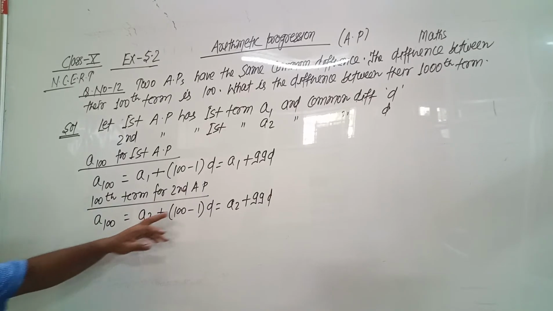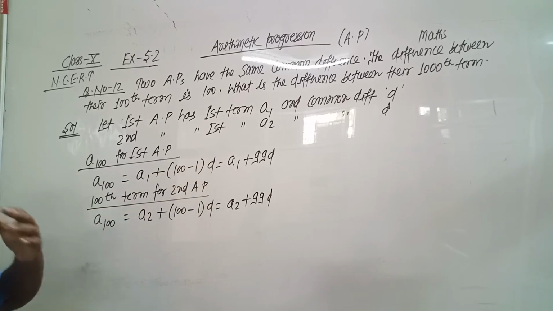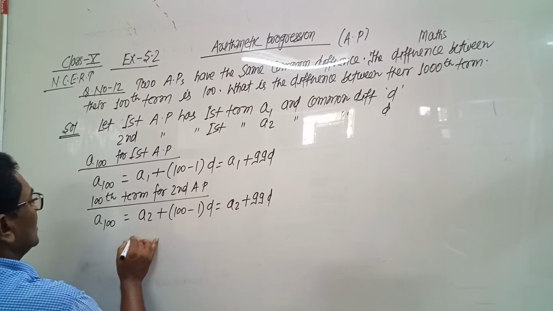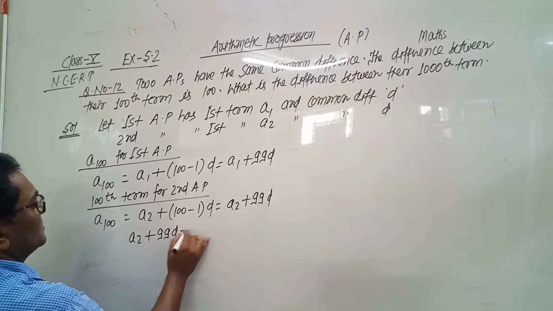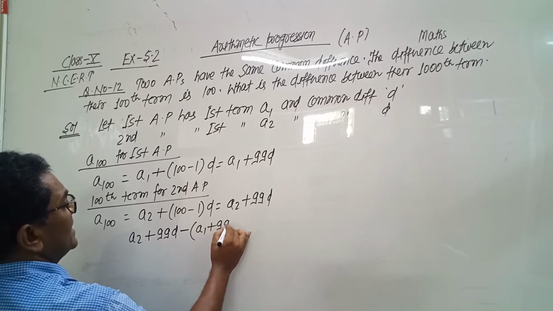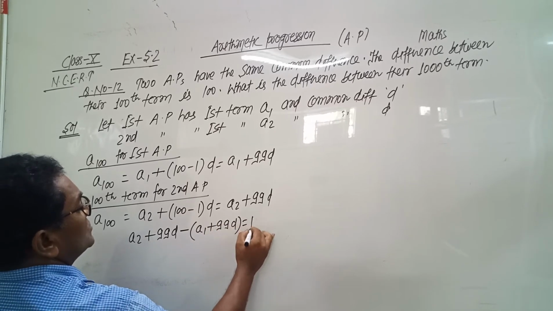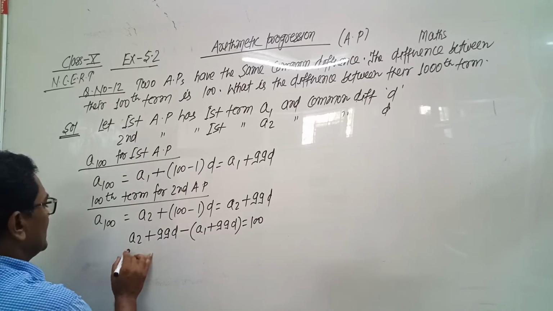And the difference between their 100th terms is 100. Means A2 plus 99D minus (A1 plus 99D) is given as 100. Solve this bracket.